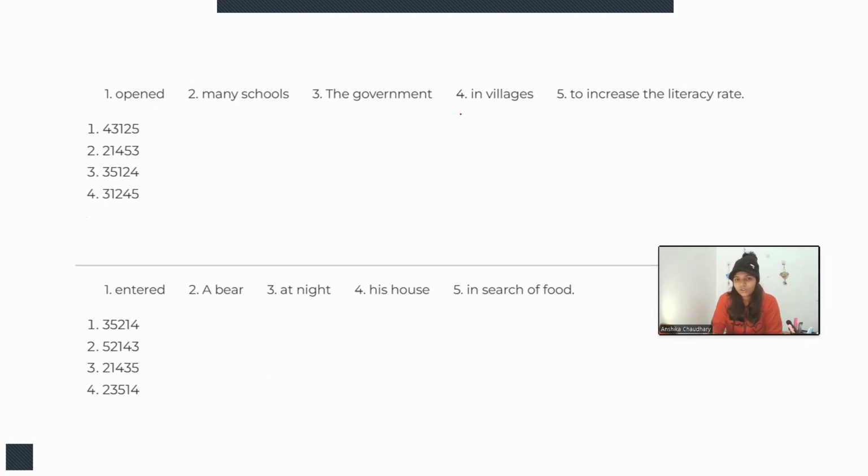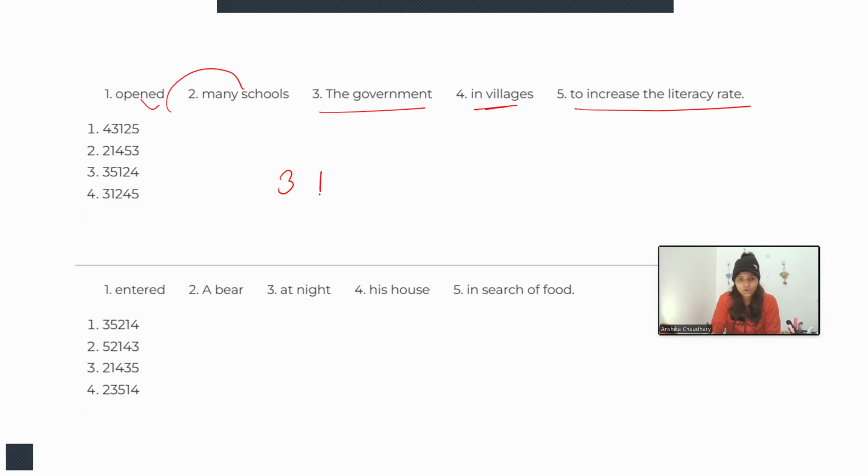Opened many schools, the government in villages to increase the literacy rate. So we need to arrange these words in a meaningful sentence, right? First of all, the subject is the government. Then the verb. So the government opened many schools in villages to increase the literacy rate. It would be the correct answer.